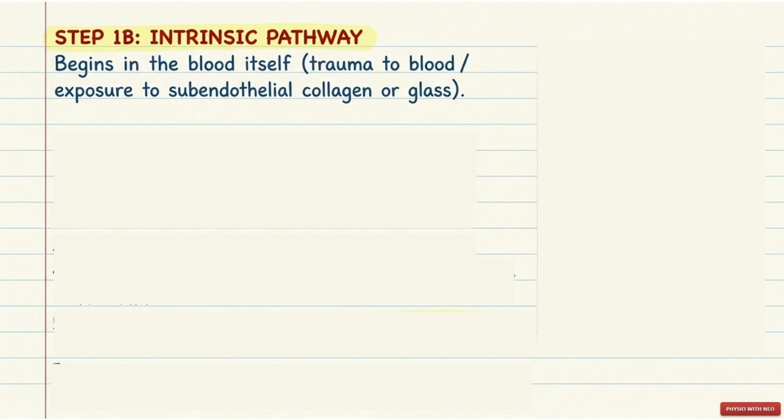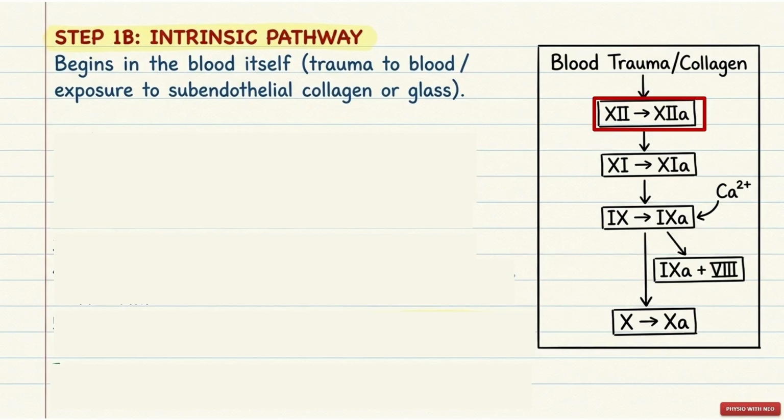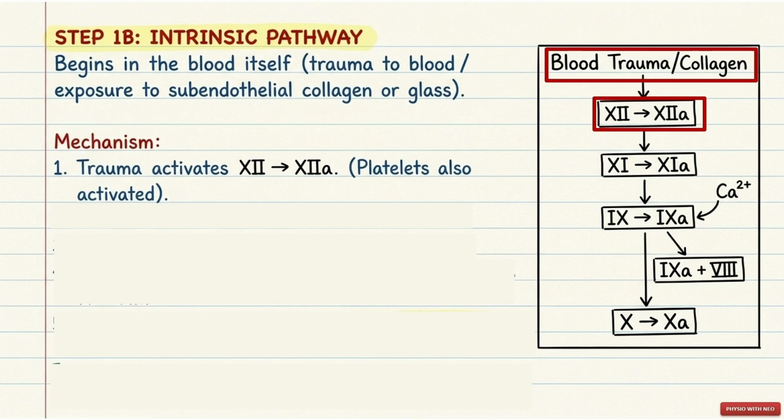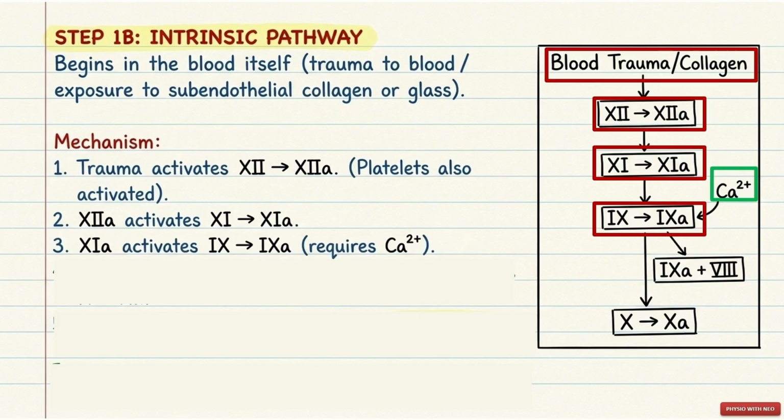Intrinsic pathway begins in the blood itself. That is, a trauma to blood or exposure to subendothelial collagen or glass initiates this pathway. So the first step is activation of factor 12 to 12A. This activates 11 to 11A, which in turn activates factor 9 to 9A, which requires calcium.